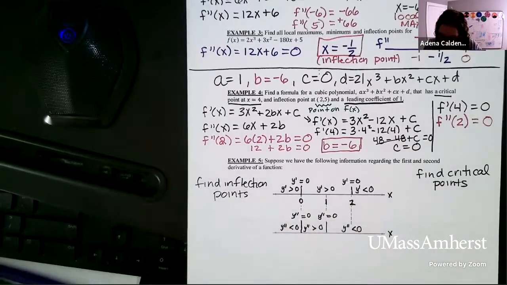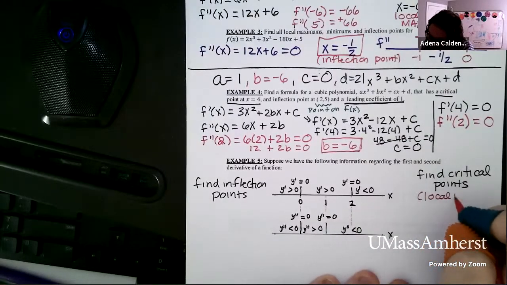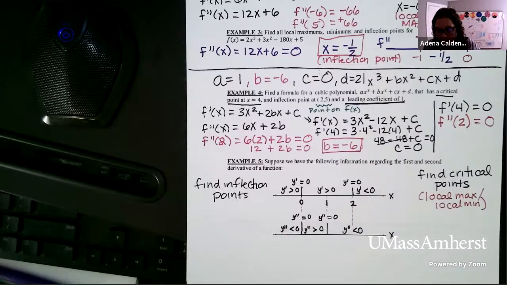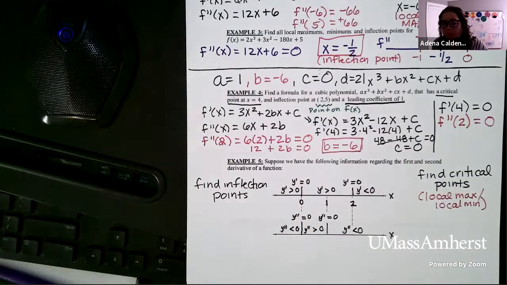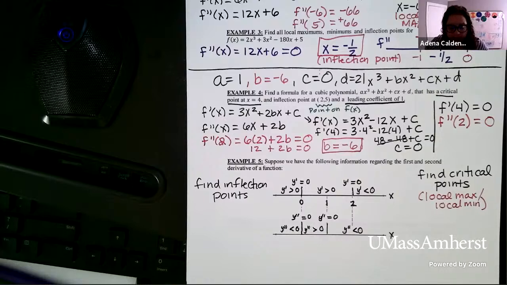And again, if you are able to determine if they are local maxes and mins, you get extra fake bonus points, because we could certainly ask that even though we didn't in this particular problem. So take 1 to 2 minutes, look at the information you have, think about how to sort it out based on what we know, and see if you can figure out where these things exist. And then we'll go through it together.